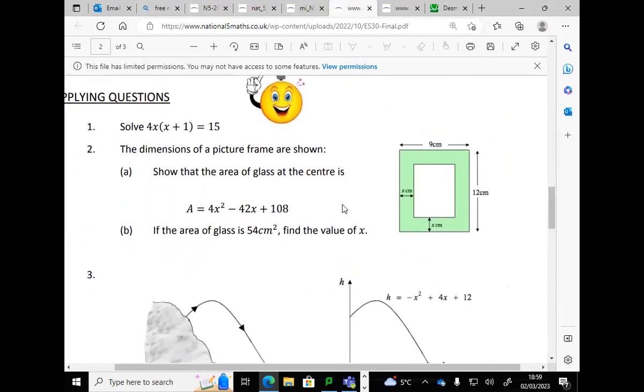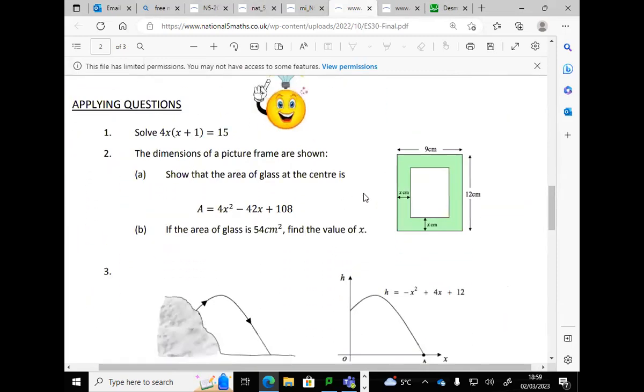I bet you there is, but is that question different? Yeah, that question's slightly different. So give that question a go. Have a wee bash at it.